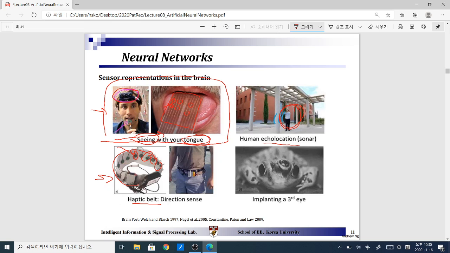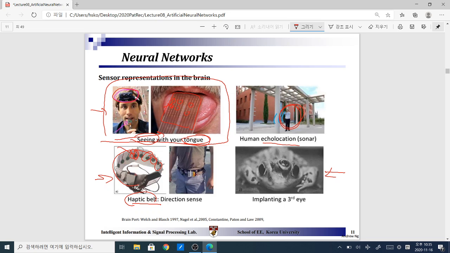Once the direction of the north is detected, the buzzer will simultaneously make a certain sound or vibration, so that the person wearing this haptic belt can feel it and has a sense of direction.